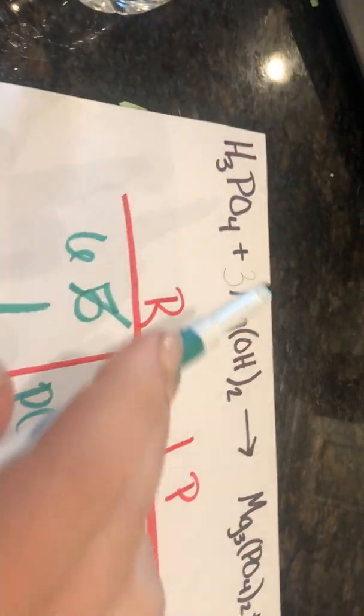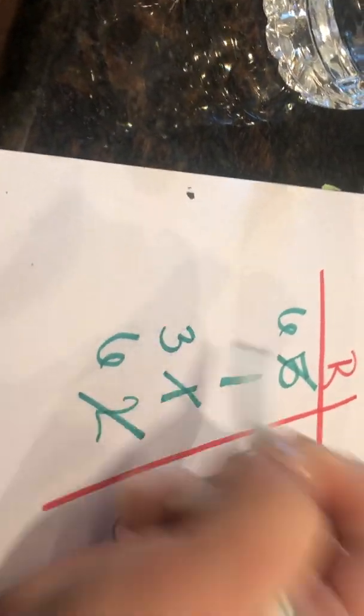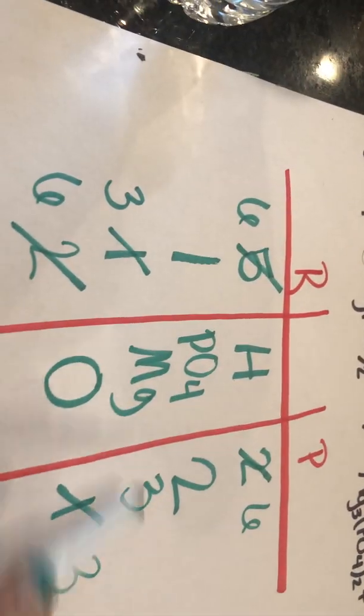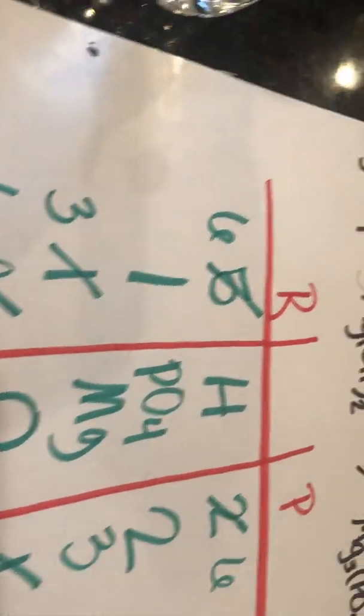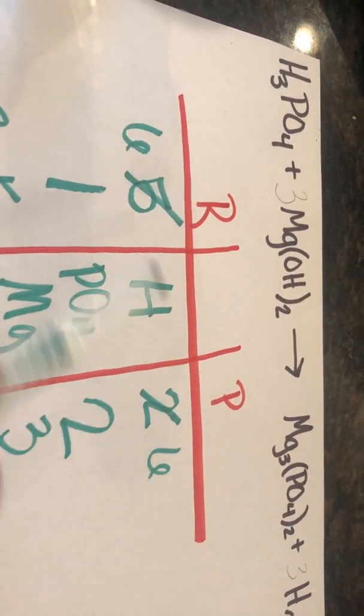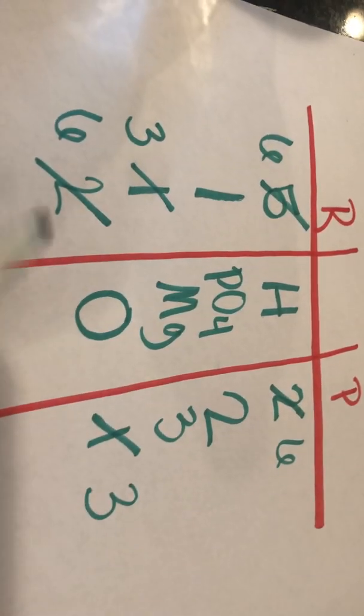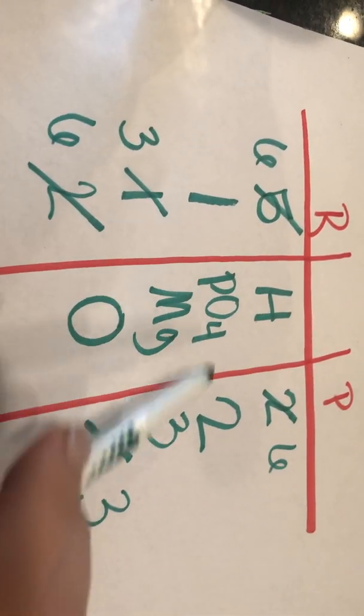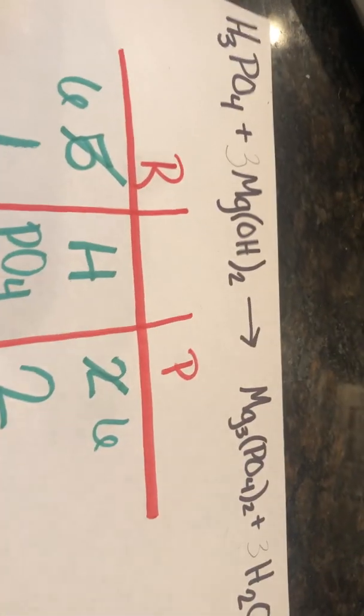And now I have 3 magnesium. Oh, look, that helped my magnesium. I balanced my magnesium just in changing that. So am I balanced with my hydrogen? Yes. Am I balanced with my magnesium? Oh, I'm not balanced here or here. So we still have more work to do.